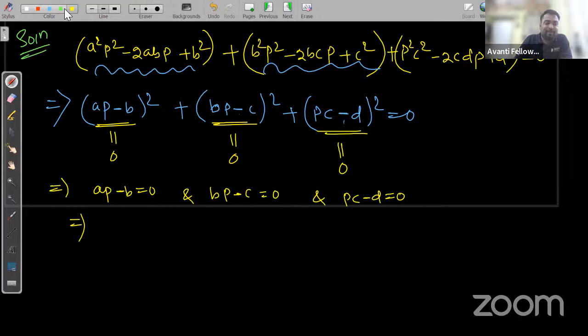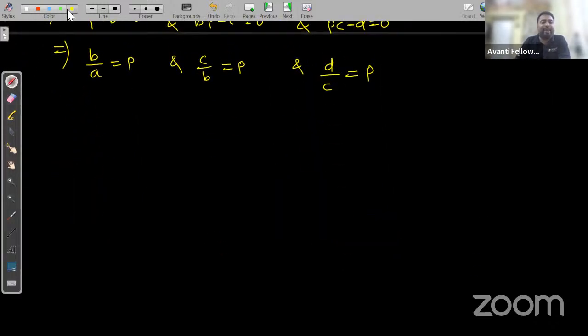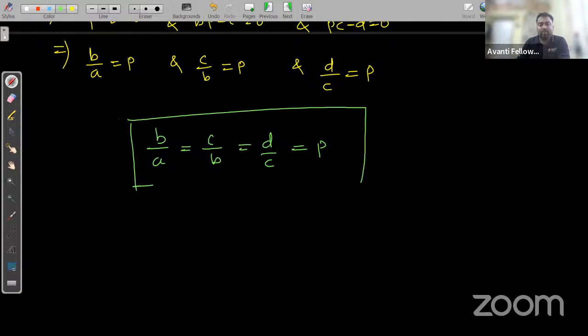Okay, let's see. Now here we can say B upon A is equal to P, C upon B is equal to P, and D upon C is equal to P. So from these three ratios, I concluded that B upon A is equal to C upon B is equal to D upon C. We are getting a fixed constant, that is P. So which progression does this satisfy?